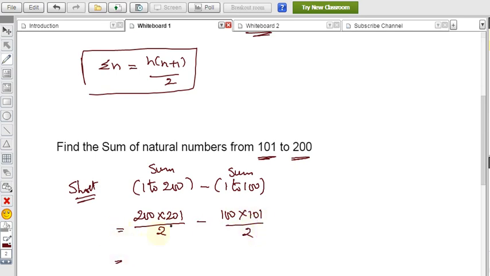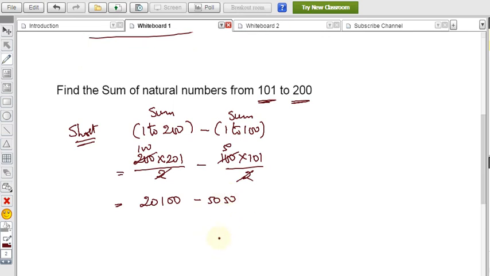That is 100 into 201, so 20,100, minus what we just calculated, 50 into 101, which is 5050. Then we go for subtraction: 20,100 minus 5050 is 15,050. So you can use this method to find it directly.